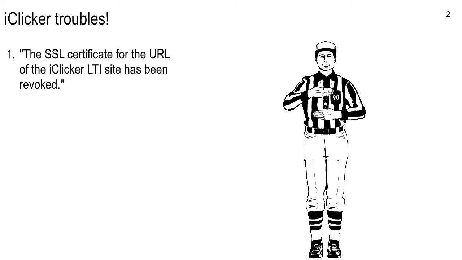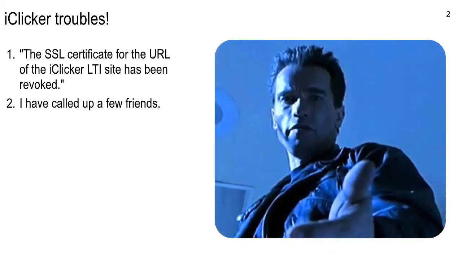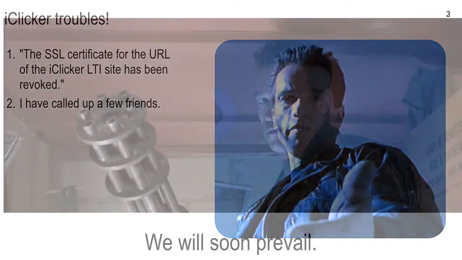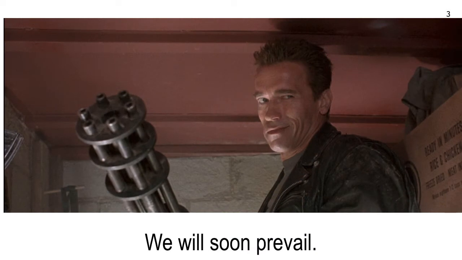Anyways, I've called up a few friends to help, and we're going to prevail in rapid order. So be patient. That's all I can say. And the reason that I set the official start of iClicking to the Tuesday after Labor Day is for stuff like this.